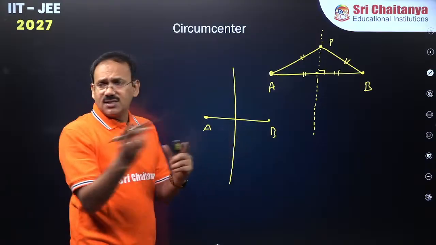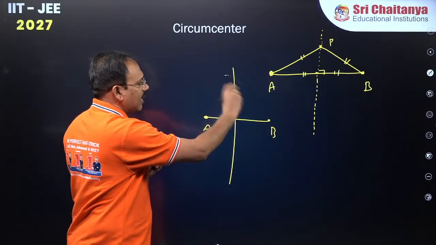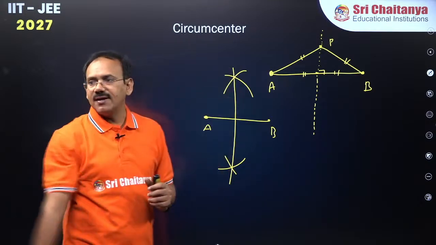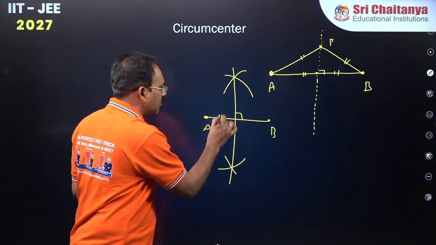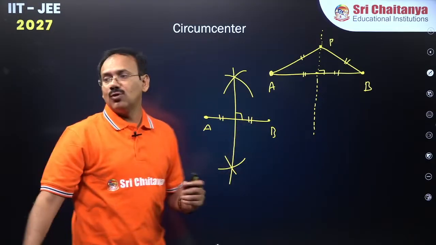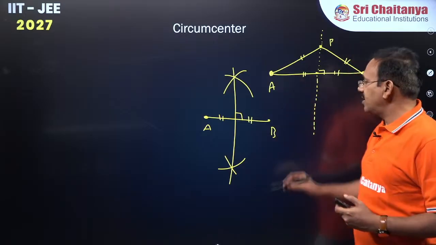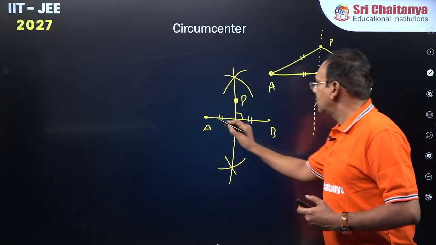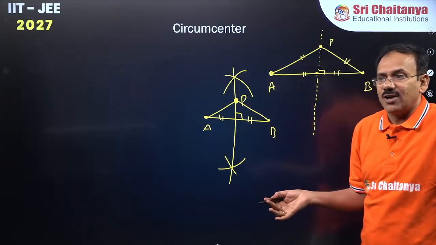You see, in 6th class you might have drawn it: we take a compass and cut more than half here and more than half here. If we join, we'll get it. Perpendicular bisector is a line which is perpendicular to this and bisects also. One important point is, you take any point on the perpendicular bisector, you will observe AP is equal to PB, because these two are congruent triangles.